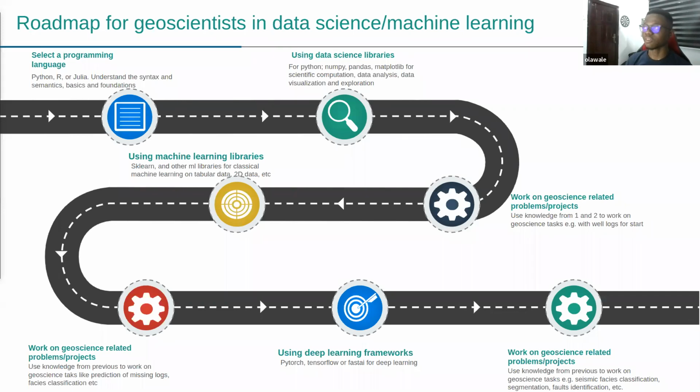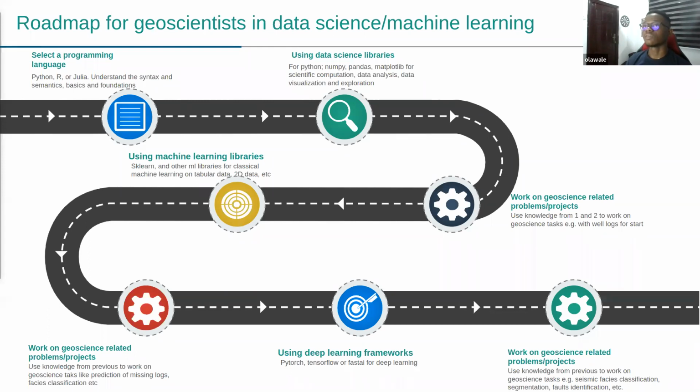And for the purpose of machine learning, a programming language is just the best option to go for. There are different programming languages you can use. Generally, you can almost use all programming languages for data science, but some are more suited, like Python, R, or Julia.